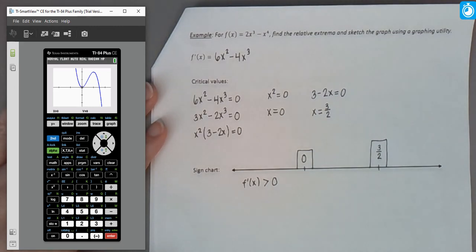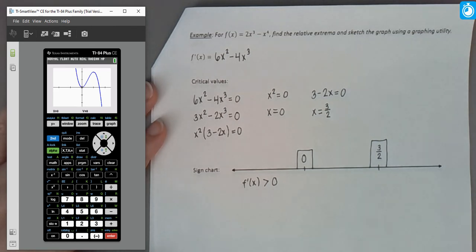Now, once we get to x equals 0, that's where we have a horizontal tangent line. The value of the slope of the tangent is going to be 0 because the derivative is 0 at that location. Now, what can we say about values that are then greater than x equals 0? Once we get past x equals 0, what's the sign going to be for the derivative?